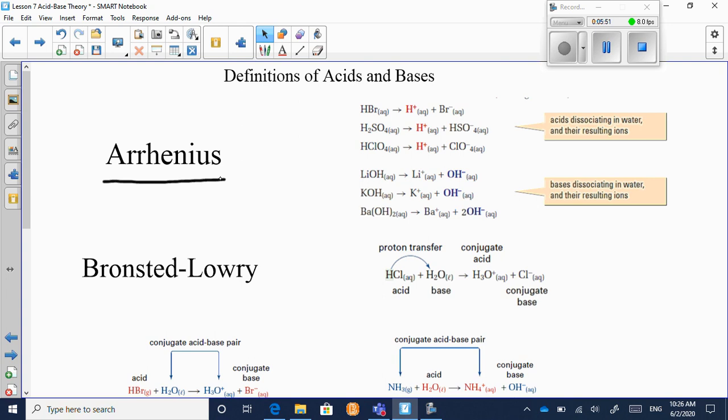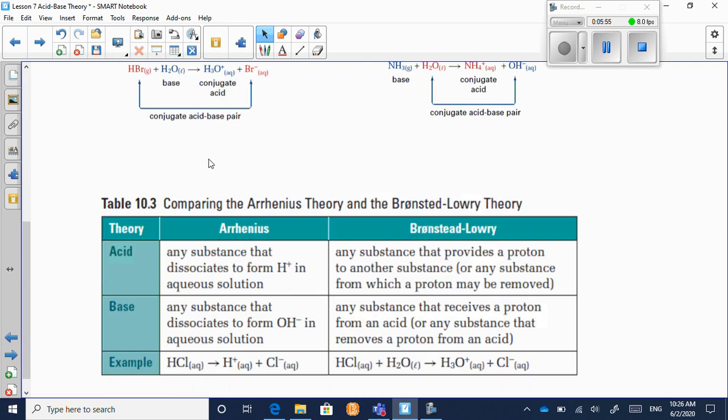His definition, I've got a little summary of it at the bottom of the page here. Basically, Arrhenius said an acid is any substance that dissociates or dissolves to form H+ in an aqueous solution, and a base is any substance that dissociates to form OH-, or hydroxide, in an aqueous solution.